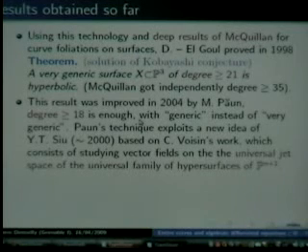In 2004, this was improved by Mihai Paun, who got to degree 18. And Paun uses other techniques which I will describe in one or two minutes. Sophisticated techniques which come from the work of Claire Voisin.